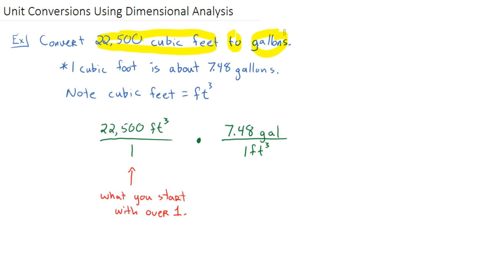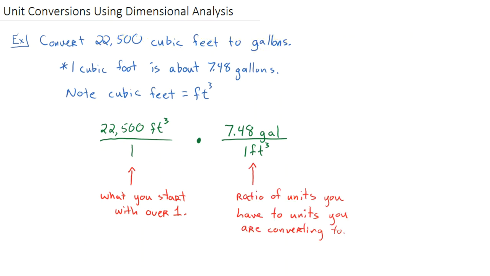The second fraction is a ratio of the units you have to the units you are converting to. In other words, the second fraction is your conversion factor, the thing that relates the two, expressed as a fraction.